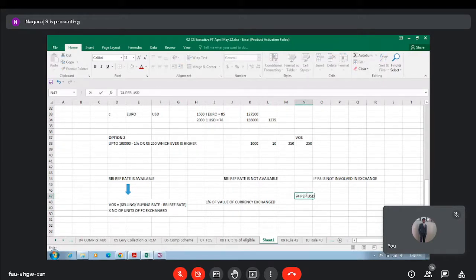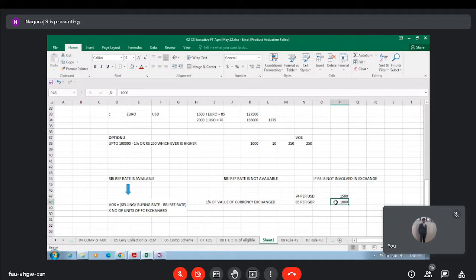I will write USD. 85 per GBP, Great Britain pound, and you are exchanging $1,500, 1000 GBP. You are giving 1500 USD and you are receiving 1000 GBP.